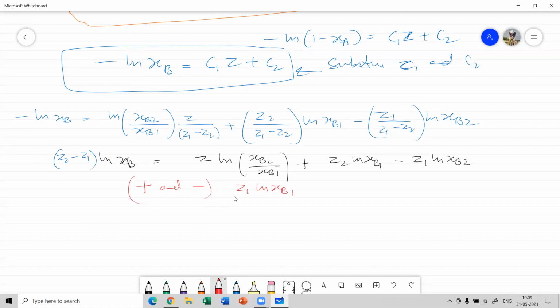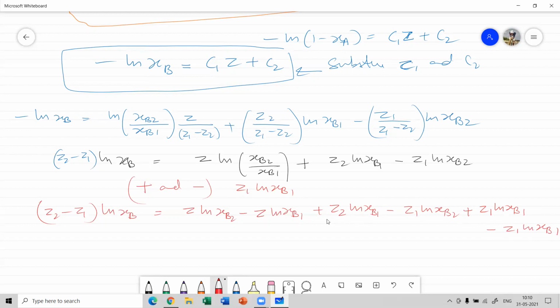So we have z2 minus z1 ln xb is equal to z ln xb2 minus z ln xb1 plus z2 ln xb1 minus z1 ln xb2. Now we add this and subtract this, so z1 ln xb1 minus z1 ln xb1.